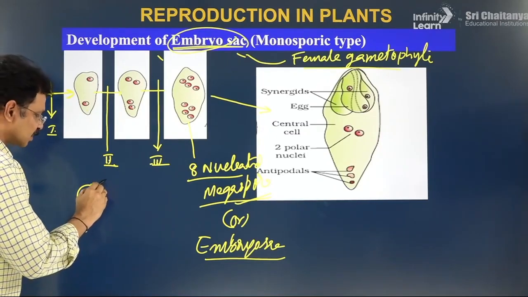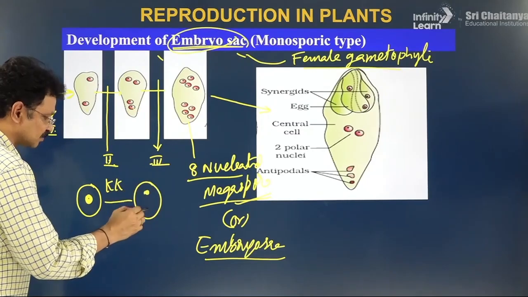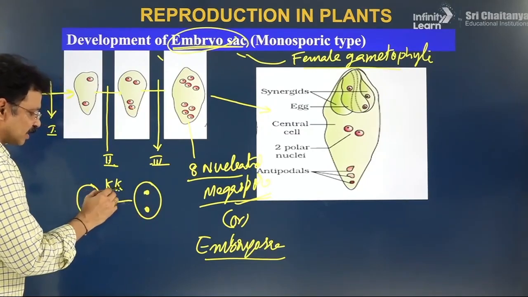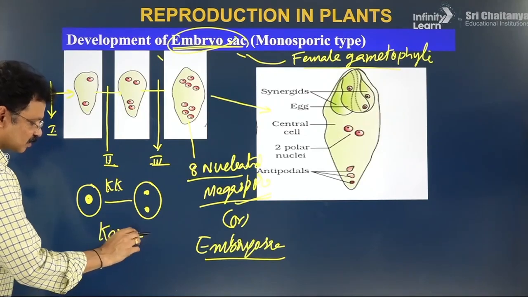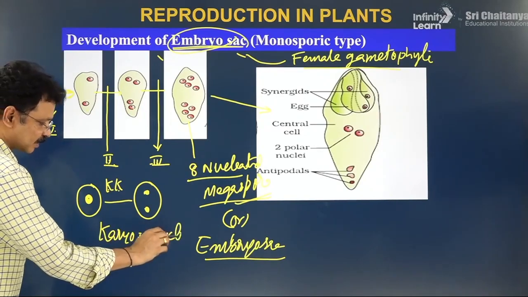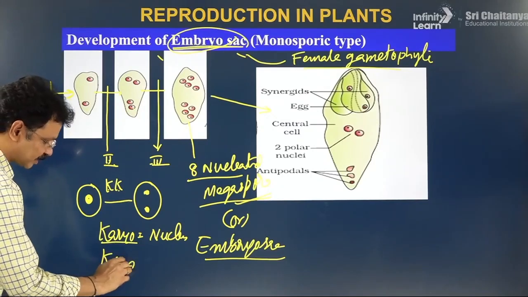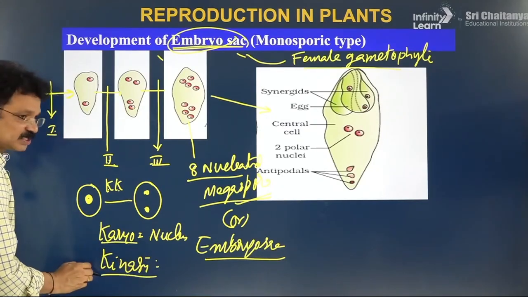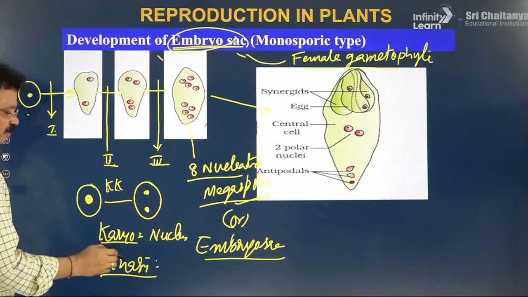As a result of karyokinesis, it gives rise to just 2 nuclei in the cell. Karyo means nucleus. Nucleus is the English name; the technical or scientific name is karyo. Kinesis means division. So due to the nuclear division, 2 daughter nuclei are formed.